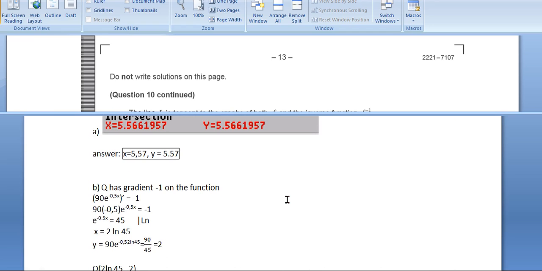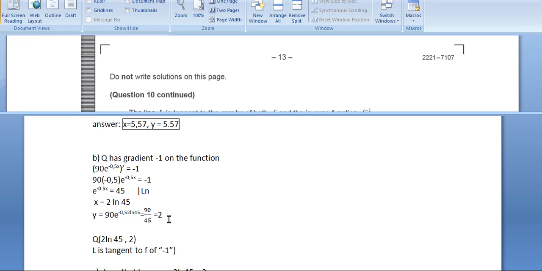About point Q. Q has gradient -1 on the function. It means that the derivative of the function is -1. If you follow this logic, this happens when x equals 2 logarithm 45. And the value of y will be 2.